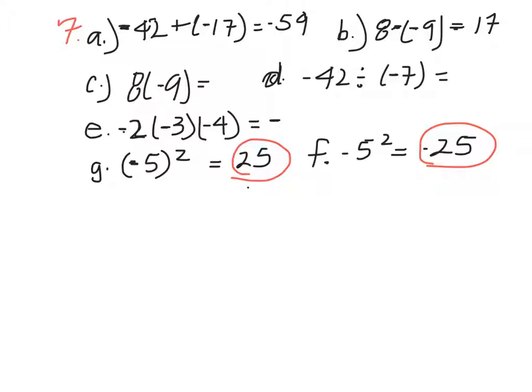The answer is, without the parentheses there, your calculator thinks that what's going on now is you want to know what negative 1 times 5 squared is, and that is in fact negative 25. Whereas when you put the parentheses in here, your calculator knows, oh, you want to know what negative 5 times negative 5 is, and yes, that is positive 25.